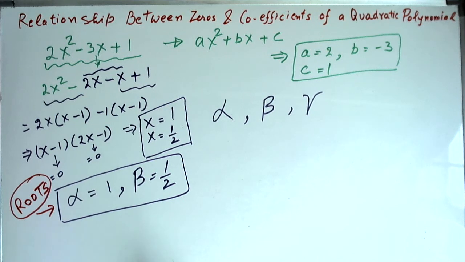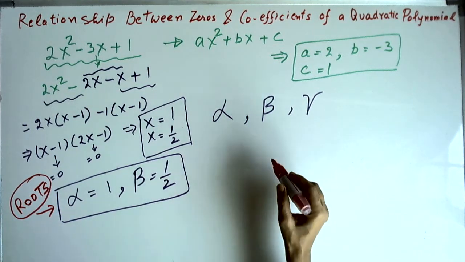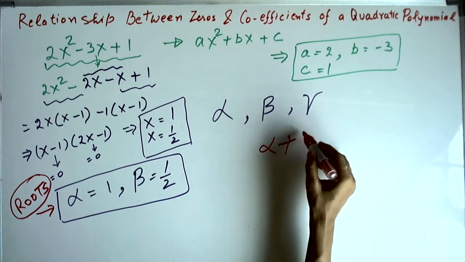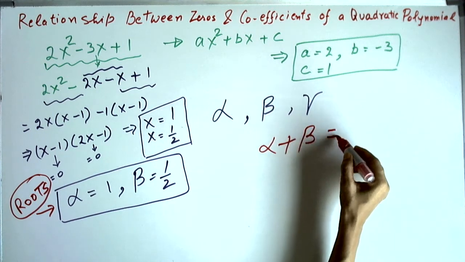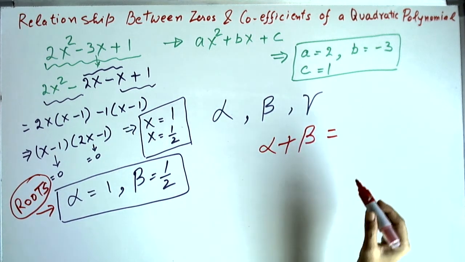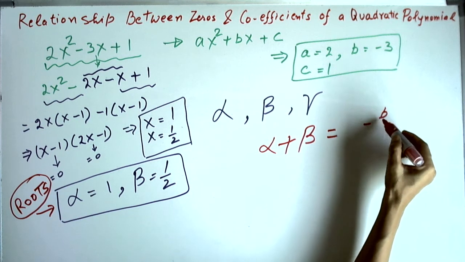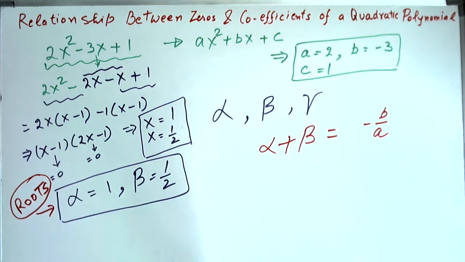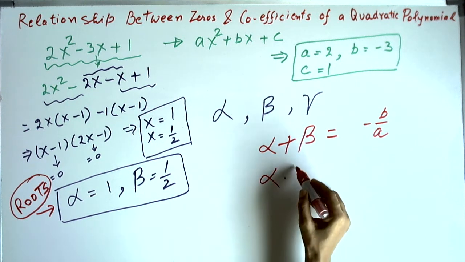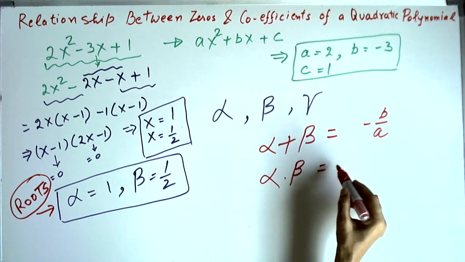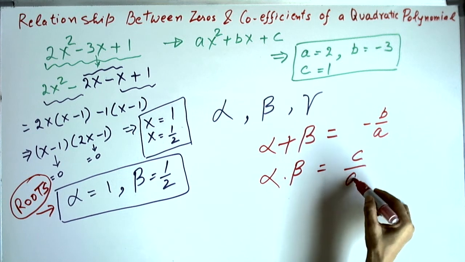The relationship is that the sum of the roots, that means alpha plus beta, is equal to -b over a, and the product, that means alpha into beta, is equal to c over a.